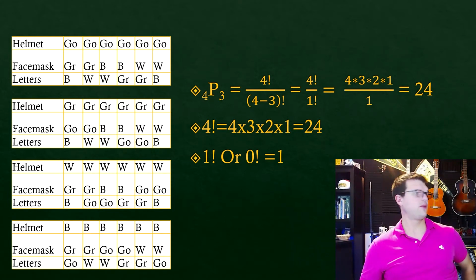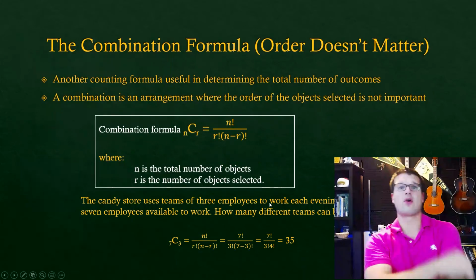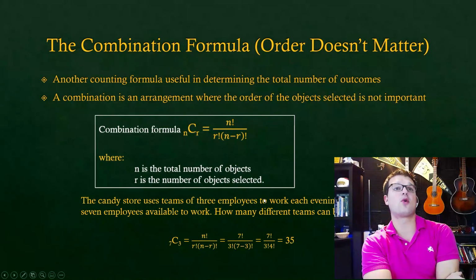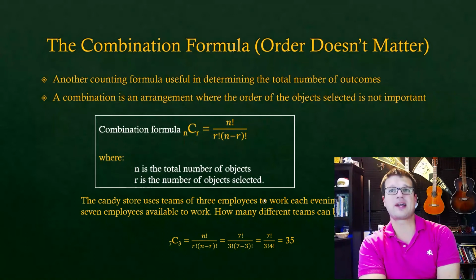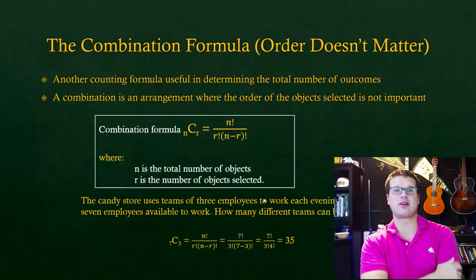So moving on, let's see here. The combination formula. With the combination formula, order does not matter. Okay, order does not matter. This is once again another counting formula, and that's useful in determining the number of possible outcomes.